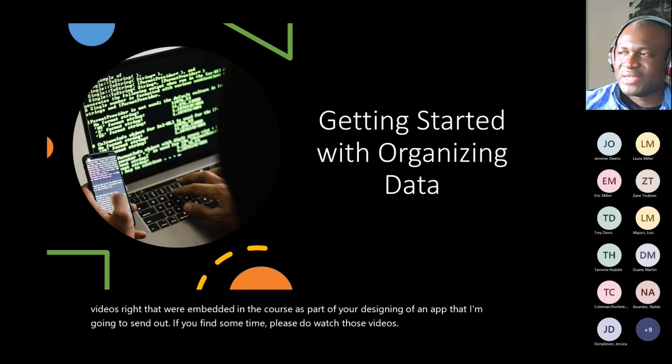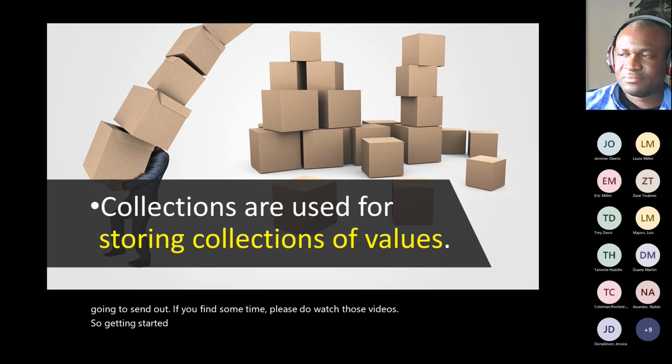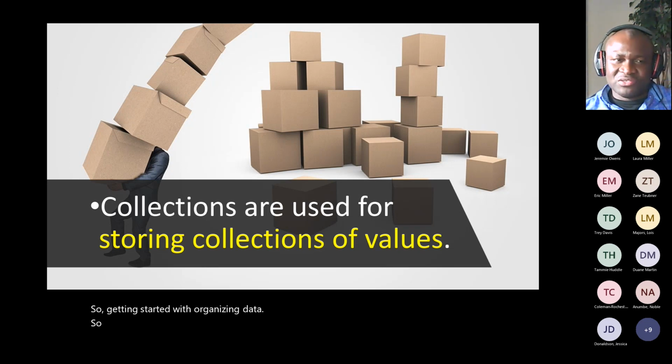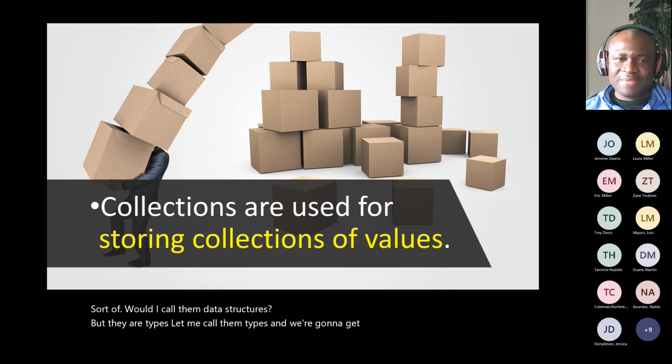So, getting started with organizing data. There's something called collections in Swift. Would I call them data structures? Let me call them types, and we're going to get to know more about what types are.